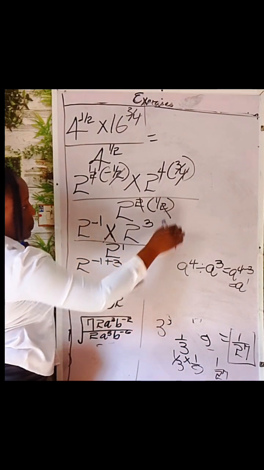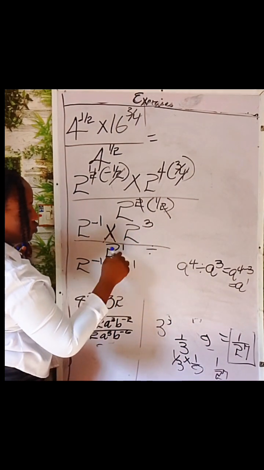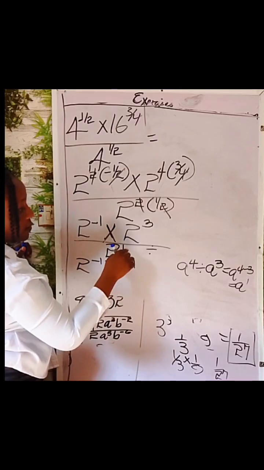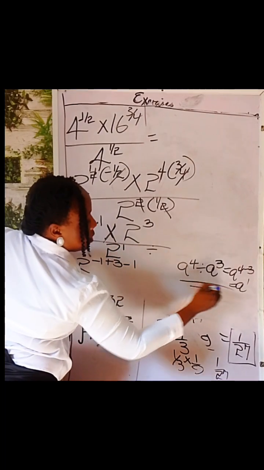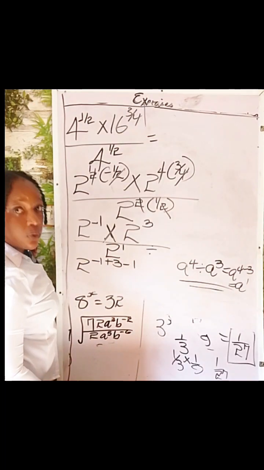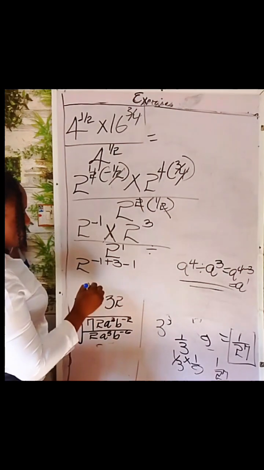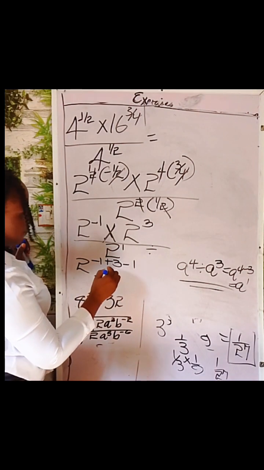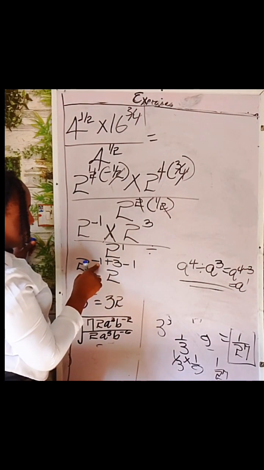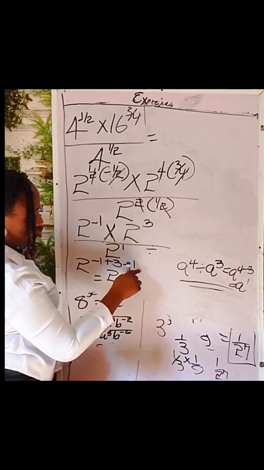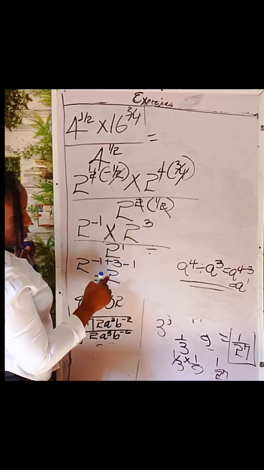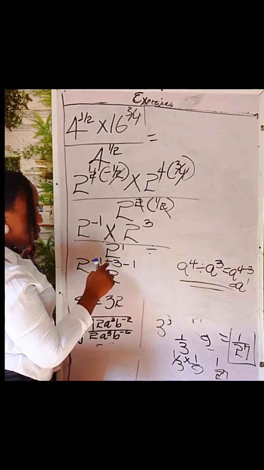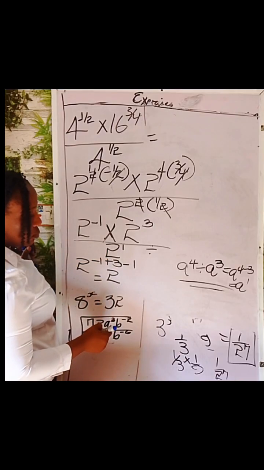So this one will come up, but it will come up as minus 1. Why is it coming up as minus 1? Because of this division rule. Have you seen it? So having said that, we'll now have 2 minus 1, or minus 1 plus 3.